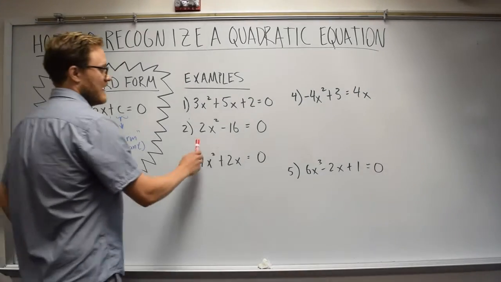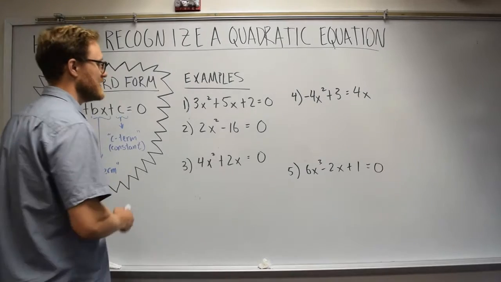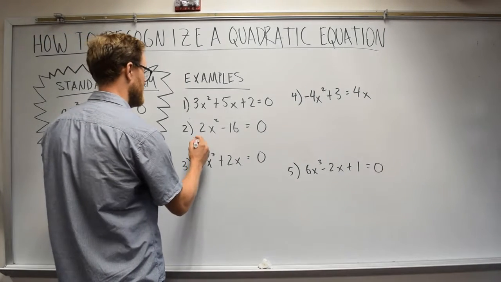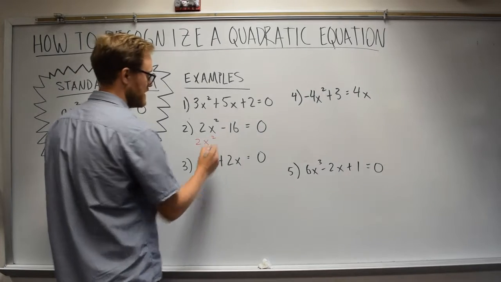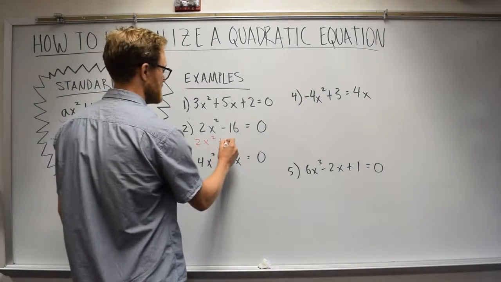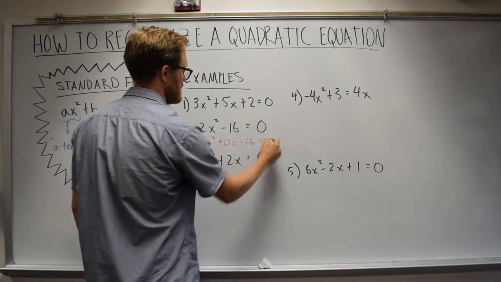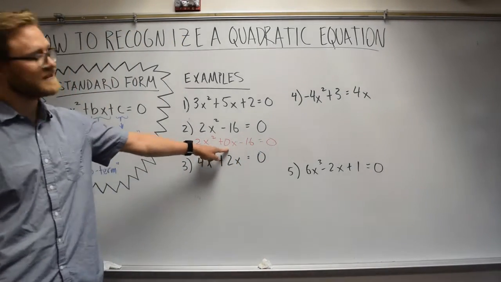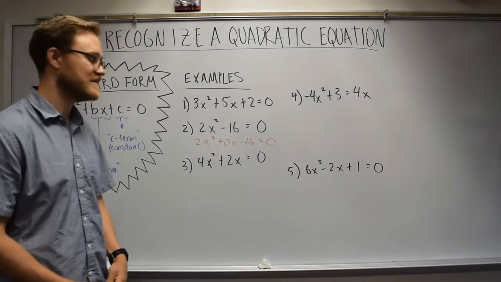So, right now when I look at this, I am missing a b term. So we can write that b term in there this way. So we're going to have 2x squared plus 0x minus 16. By adding this 0x in here, I'm not really changing the equation because anything times 0 is 0.